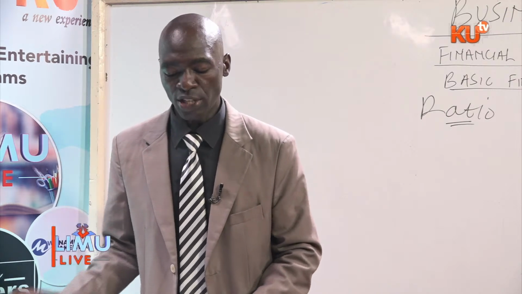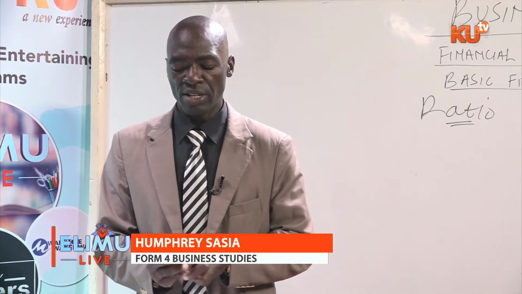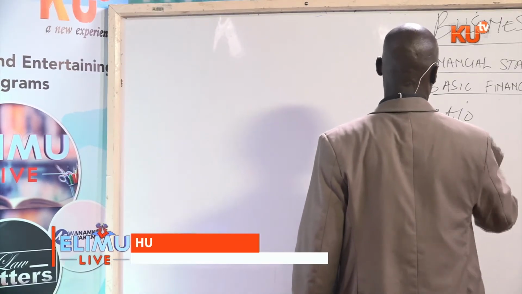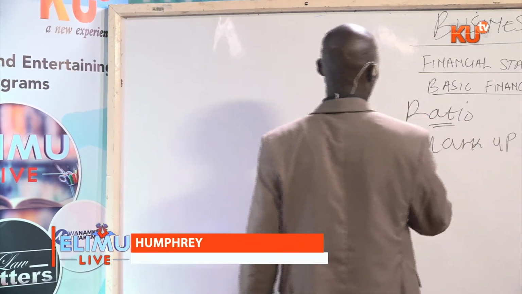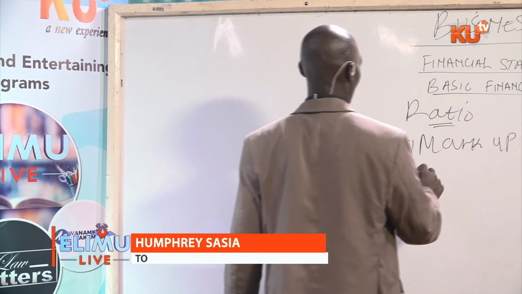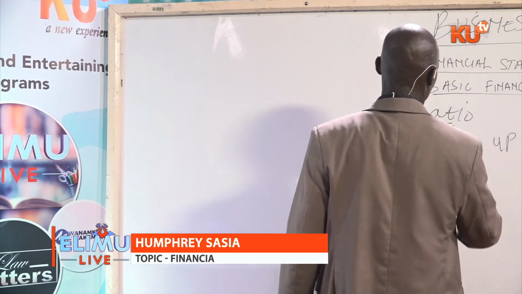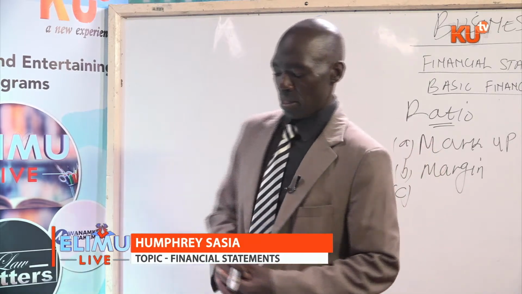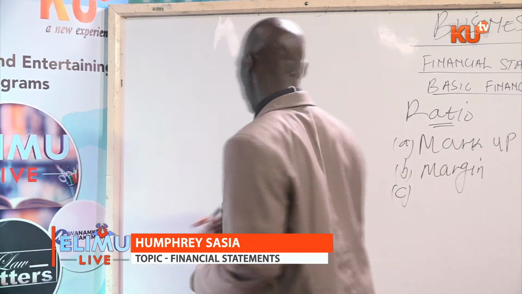So let us try to list some of these basic financial ratios. Examples of the basic financial ratios. We have markup, that is the first one. The second one, we have margin. The third one, we have current ratio.